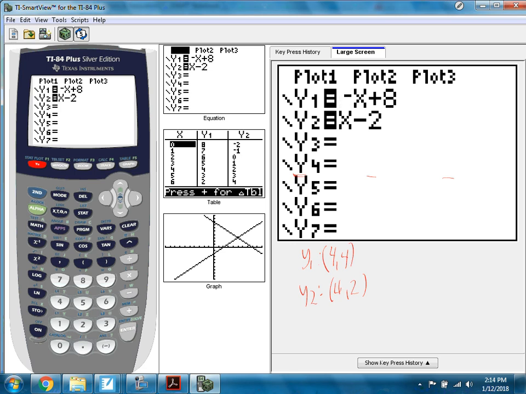So it says that a manufacturer plans to supply. So the supply equation is 6p plus 100. So under y1, I'm going to type in 6x plus 100. So this is supply.